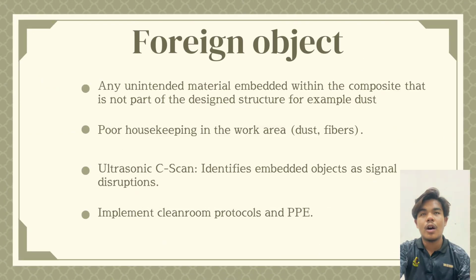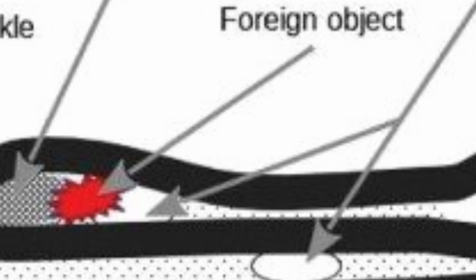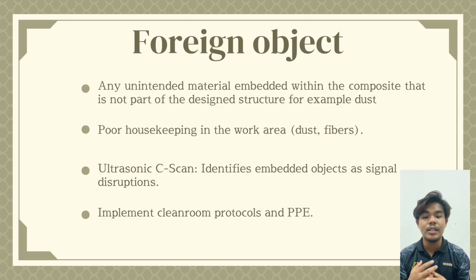The last defect we discuss is the foreign object. A foreign object is similar to a void, but a void is an air trap in a composite part, while a foreign object is any unintended material within the composite that is not part of the design.